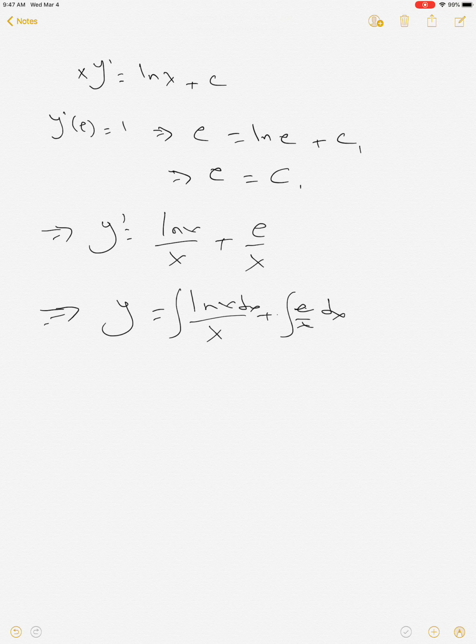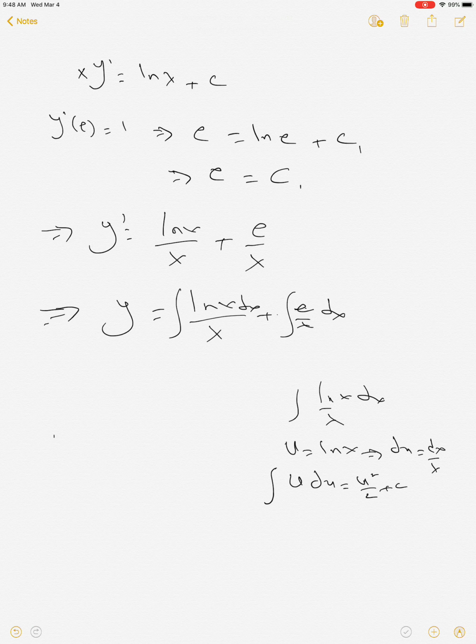Now, the integral of ln x over x dx, if I put this on the side, let u equal ln x, so du equals dx over x, which means we have the integral of u du, which becomes u squared over 2 plus a constant. This constant will be absorbed by the other constant.